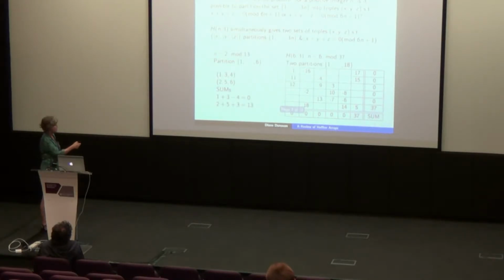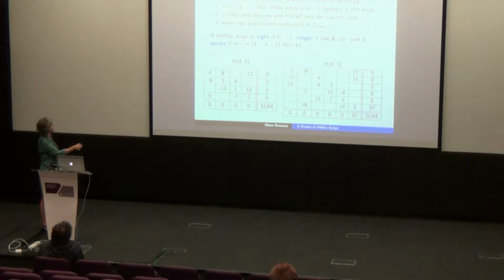So, we're going to take the set 1 to ms and we're going to distribute these symbols throughout an array such that we have either x or minus x, one or other. So each symbol in the array is distinct and it's either positive or negative.